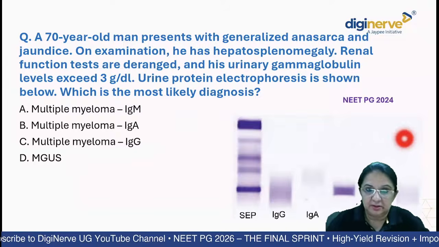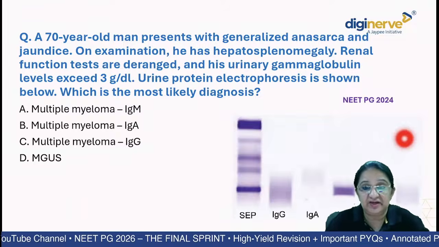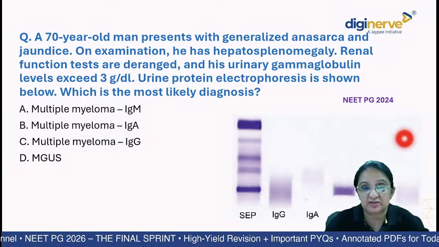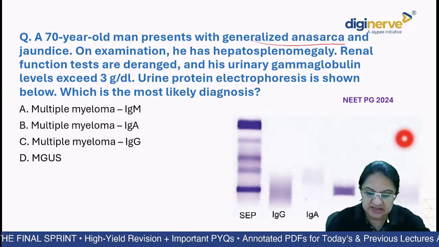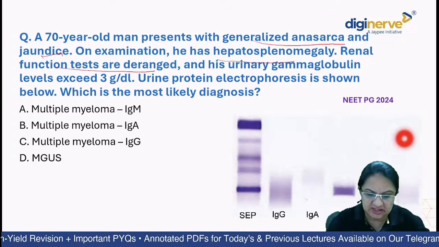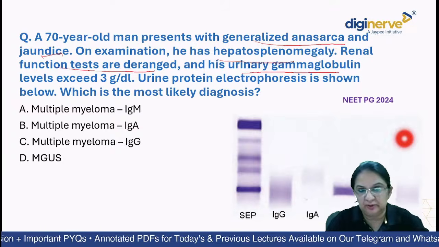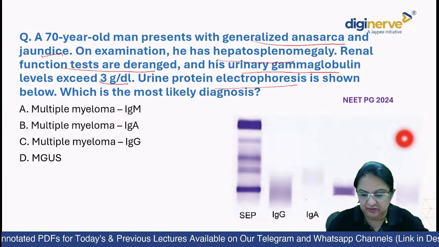Okay, they did present this in the exam, and you had to identify the diagnosis in the urine electrophoresis. History: generalized anasarca, jaundice, hepatosplenomegaly, renal function test deranged, urinary gamma globulin more than 3. Urine protein electrophoresis is seen here.